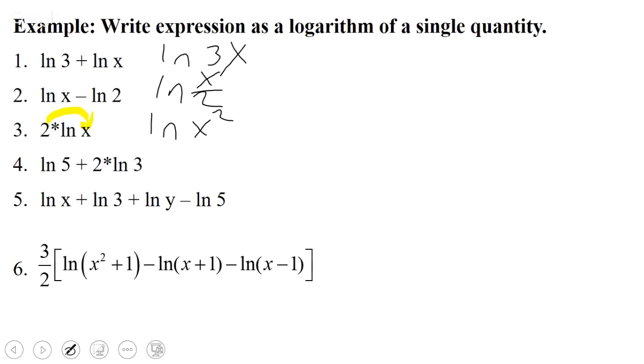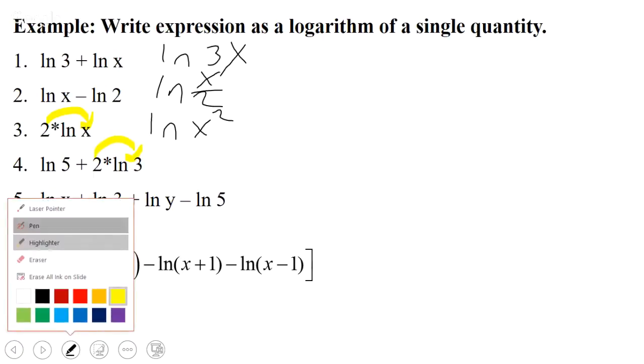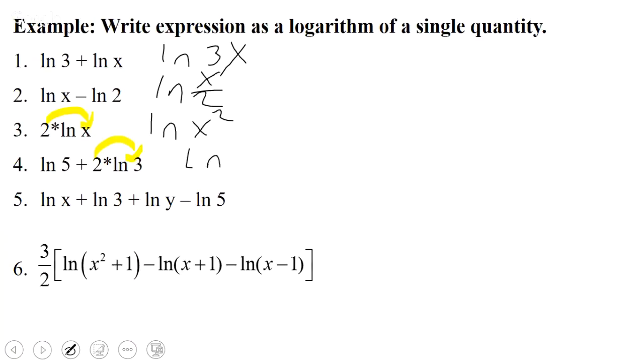So a couple things are going on for number 4. First, I have a number in front. So I want to move that number in front and make it into a power. So that's the first thing I'm going to do. So I have ln of 5 plus ln of 3 squared. So now that I made that number in front and made it into a power, now I have addition, and therefore I can condense by multiplication.